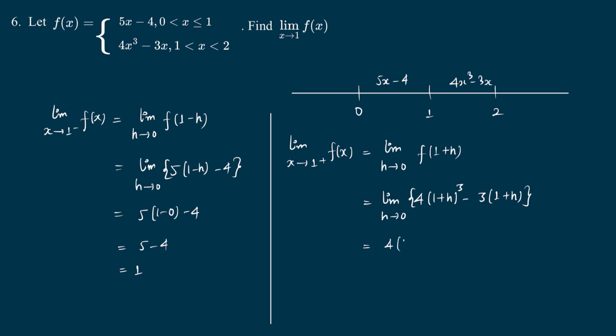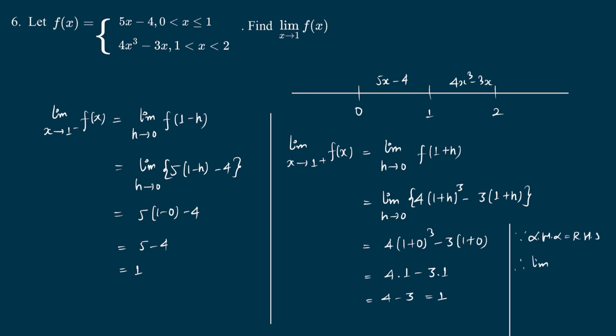We get 4 into (1 plus 0) cubed minus 3 into (1 plus 0), which is 4 into 1 cubed, that is 1, minus 3 into 1. It will be 4 minus 3, and hence the right hand limit is also 1. Now you can see left hand limit and right hand limit are equal, that means the limit exists, and the answer is 1. Since left hand limit equals right hand limit, therefore limit x tends to 1 of f(x) equals 1.